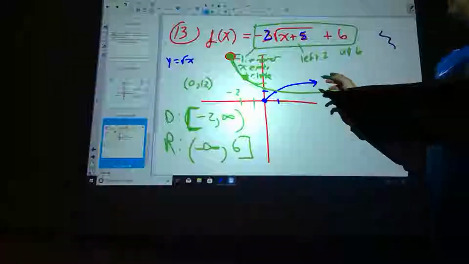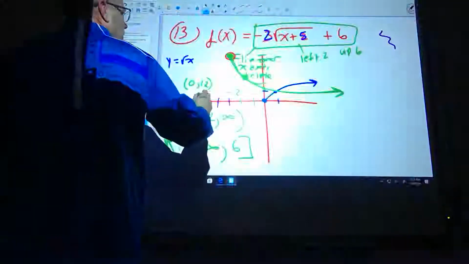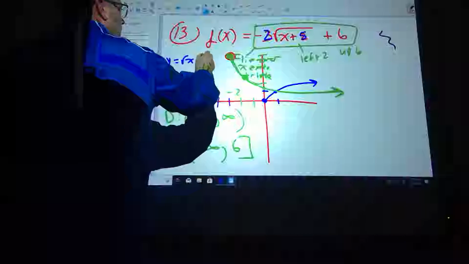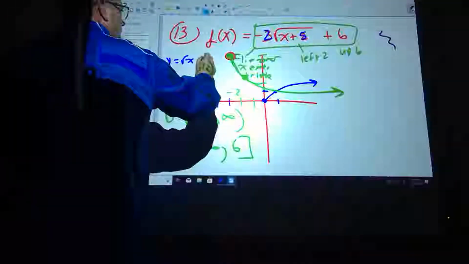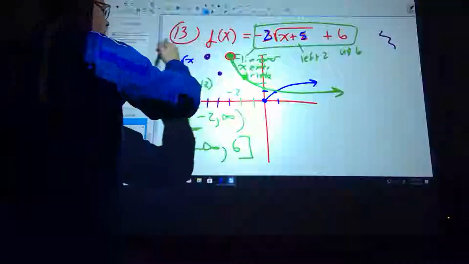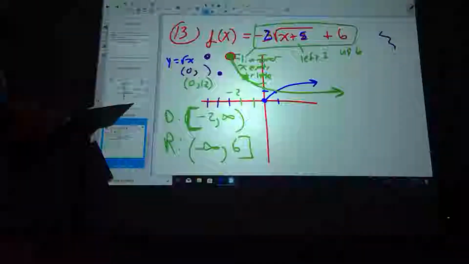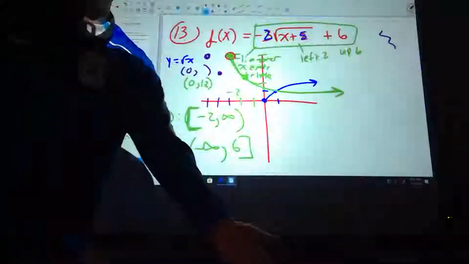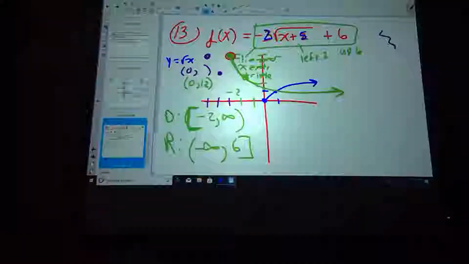So we'll do the same thing. I'm going to go left 5, up 6 still. So rather than coming down 1 or coming down 3 and right 1, I'm going to come down 2 and right 1. Find where it crosses the y-axis, so plug 0 in, so I get 0 plus 5. Square root of 5 is 2 point something times -2, so -4 point something.